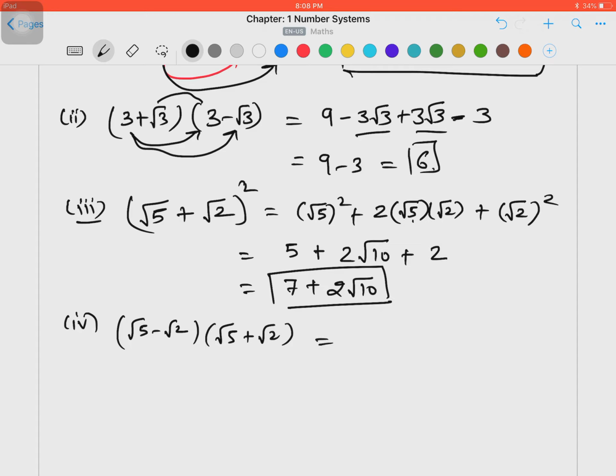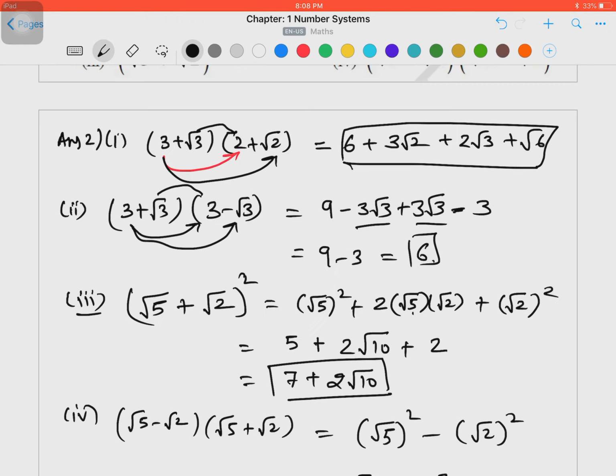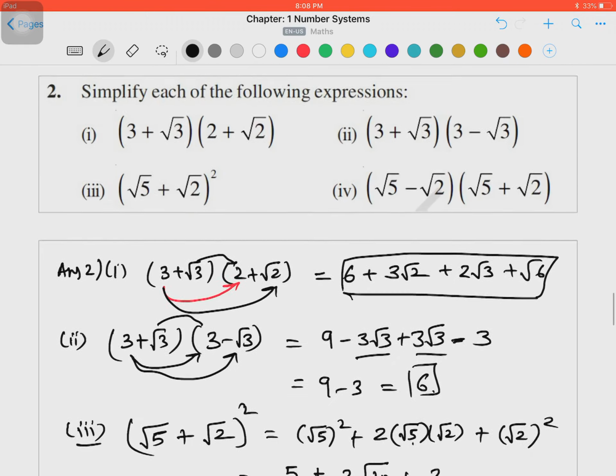Again applying the identity (a plus b)(a minus b), that is the square of the first term, root 5 square, minus the square of the second term, root 2 square. Root 5 square is 5 and root 2 square is 2. 5 minus 2 is 3. That's our answer. So that's how you can simplify these expressions. I hope all of them are clear to you.